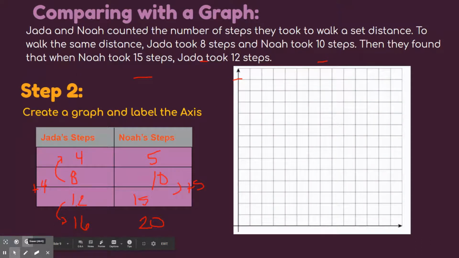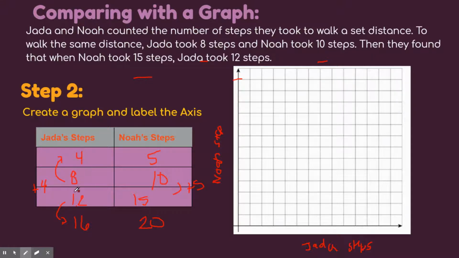So the next step is to take my values and graph it. So first I have to label my axes. So I'm going to put Jada's steps here. So this is Jada and her steps. This is how many steps she took. And then I'm going to put Noah's steps over here. So this is Noah and his steps.